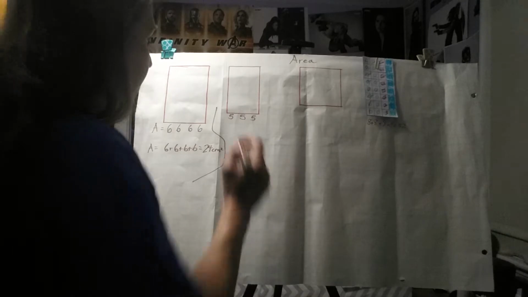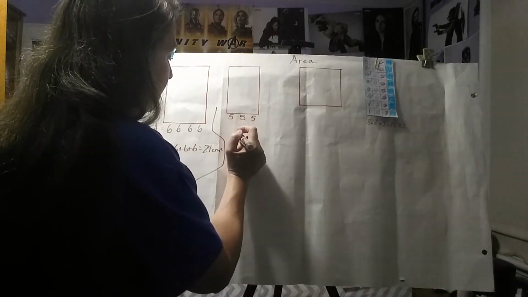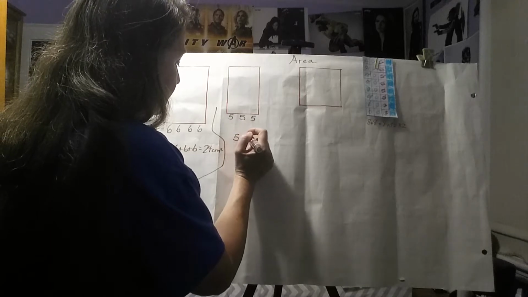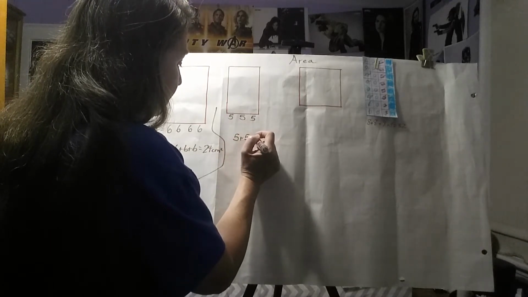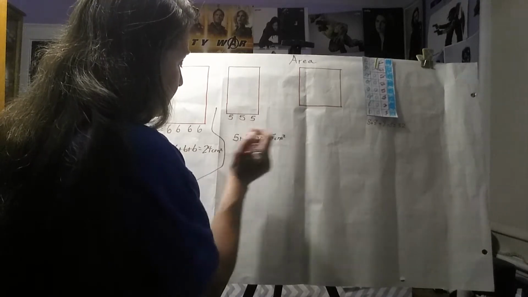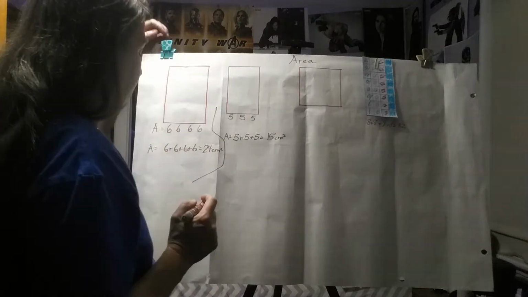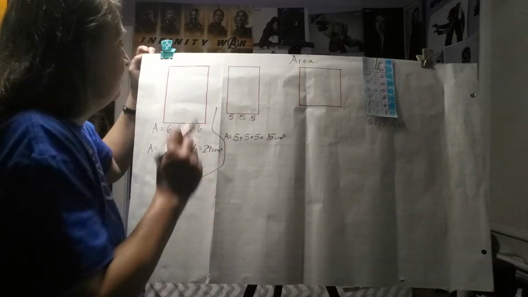So if I add my 5 plus 5 plus 5, I will get 15 centimeters for my area. I forgot to write my dimensions of my objects.